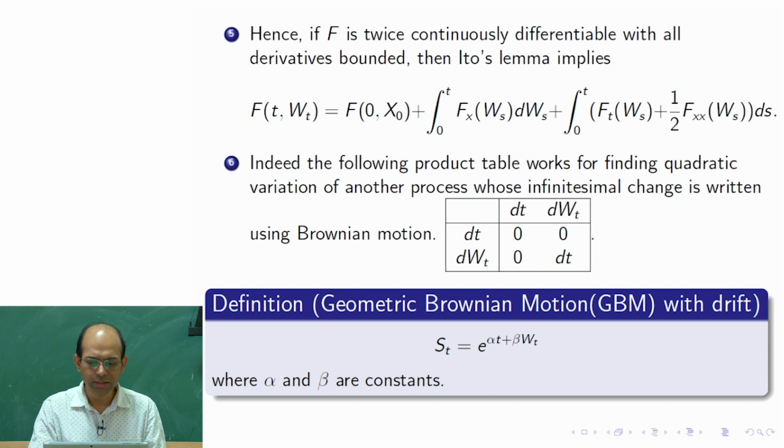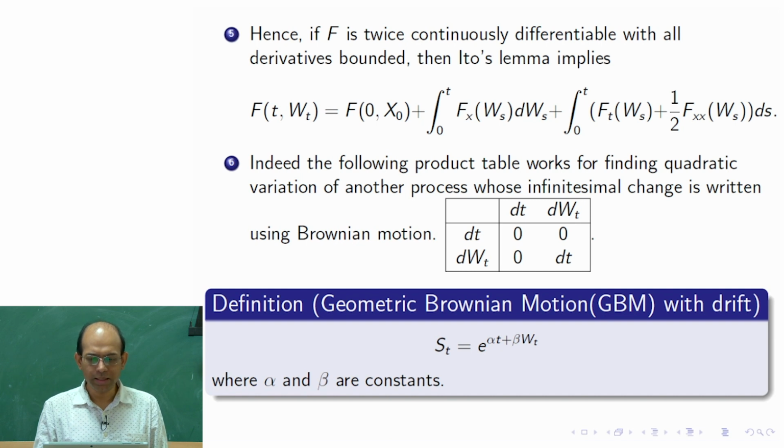One can directly apply Ito's formula here, since it is a function of Brownian motion, and by applying Ito's formula one can get dst, and get the formula. That is one way to find the change dst, and then dst square one can find out. There is another way.